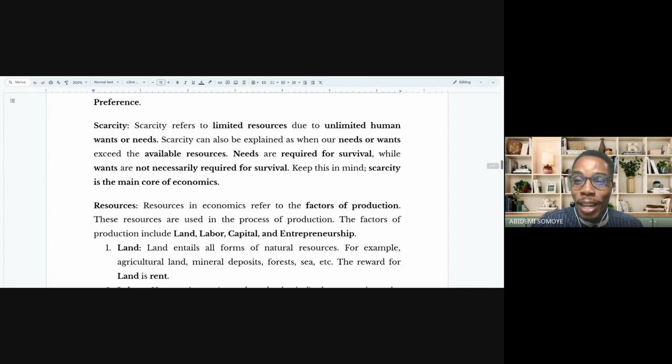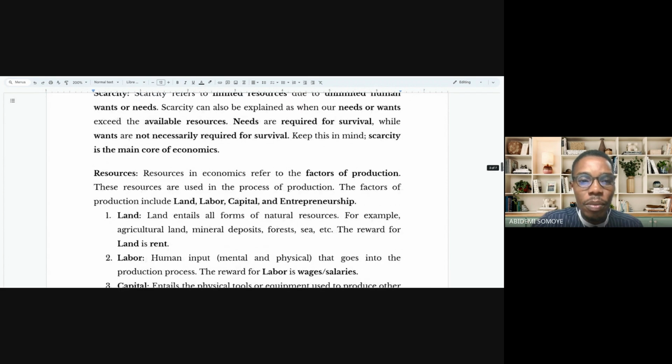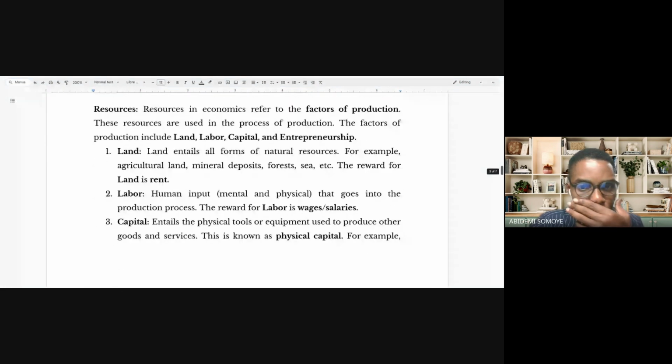Now, let's take a look at resources. When we say resources in economics, we refer to the factors of production. These resources are used in the process of production. The factors of production include, but are not limited to, these foremost ones that you are already accustomed to: land, labor, capital, and entrepreneurship.